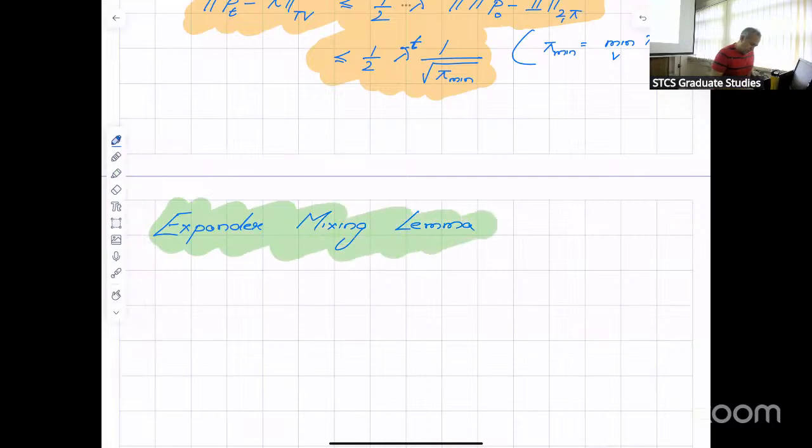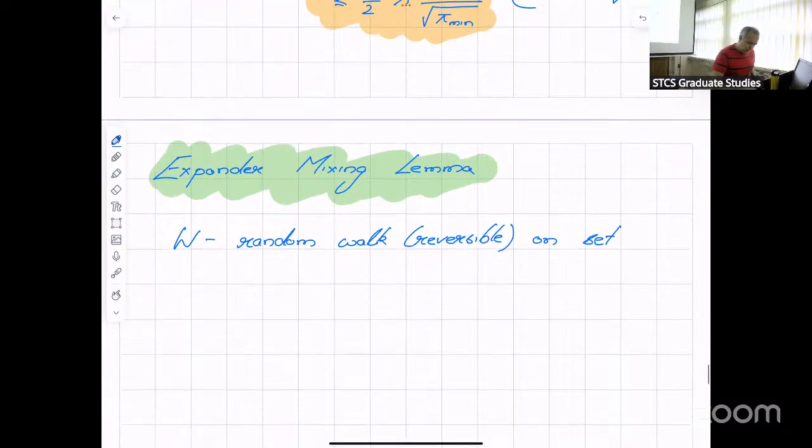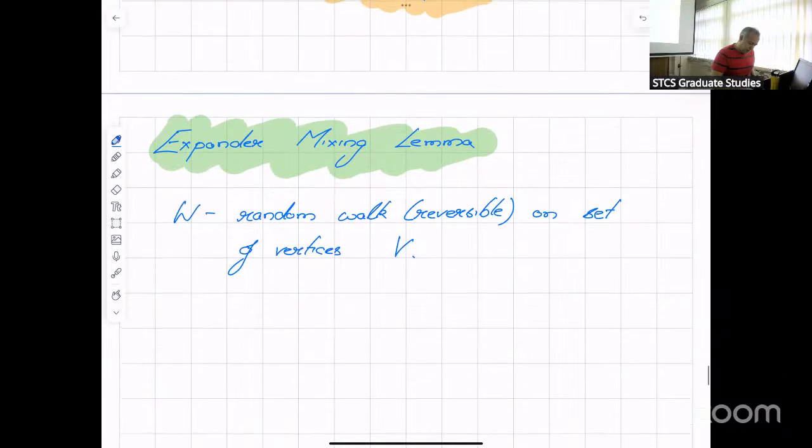So let W be a reversible random walk on the set of vertices V, and let g and h be two functions on the set of vertices.